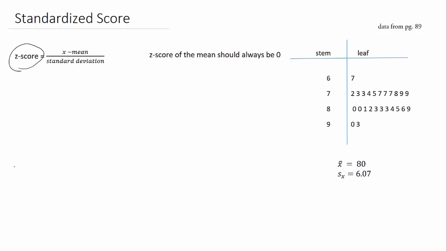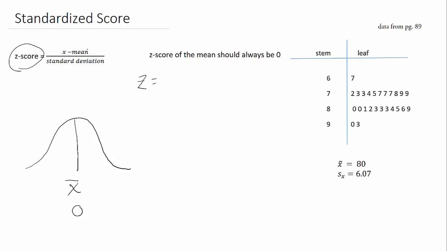I always think of a normal curve. This is where your mean is. It will have a z-score of 0. And we can even do some math to figure it out. For the z-score, it's x minus the mean over the standard deviation.